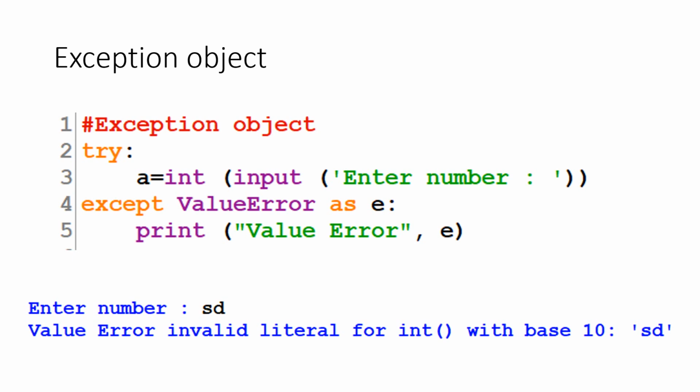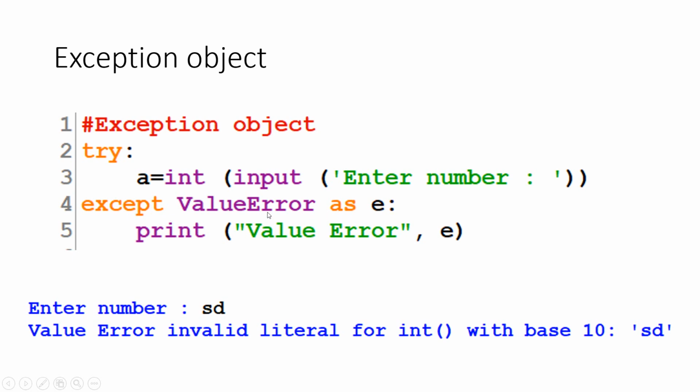And it is not like the previous case. Now we are going to use the exception object. If you want to use an object in Python, we defined value error as a class, an exception class which we have seen earlier, and it has an object E. So except value error as E, where as is a keyword that we use.